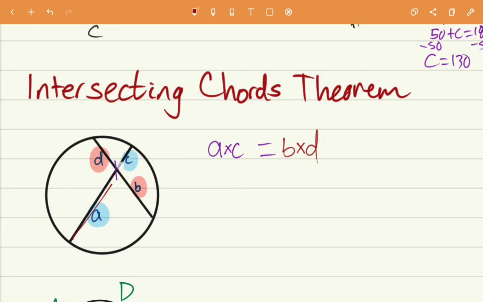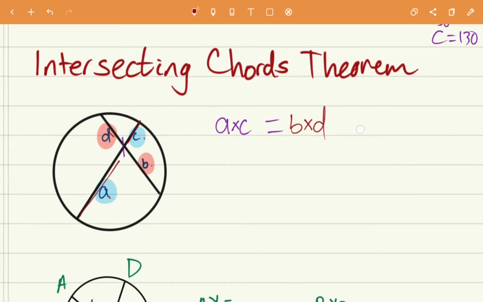The product of both segments of this chord equals the product of the segments of the other chord. So AC equals BD.